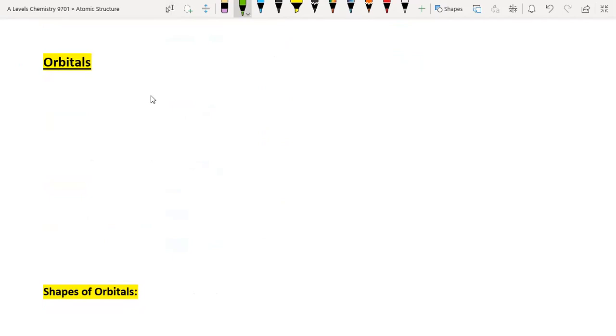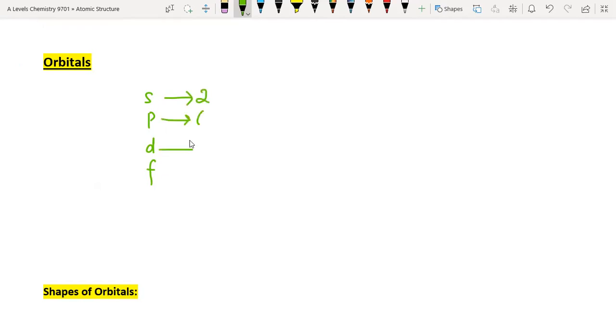S, P, D, and F. These are orbitals. S orbital may contain 2 electrons only.